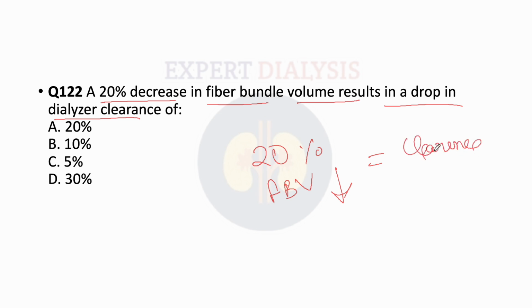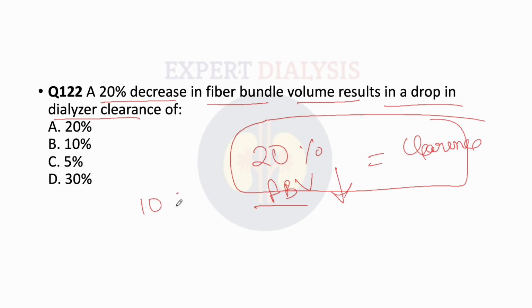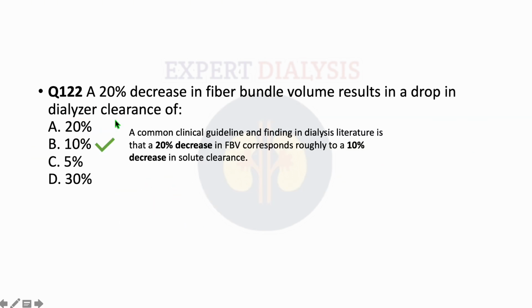The general guideline suggests that when there is a 20% decrease in fiber bundle volume, clearance decreases by 10%. So the answer will be B. A clinical guideline and finding in dialysis literature says that a 20% decrease in FBV corresponds to roughly a 10% decrease in solute clearance.